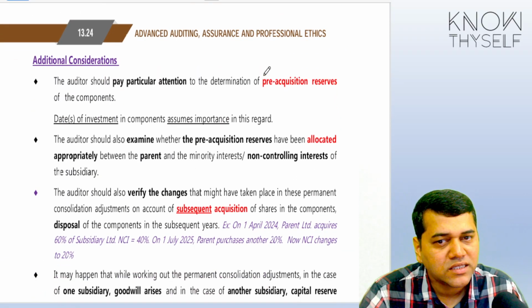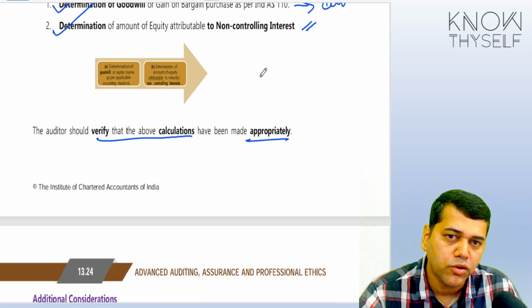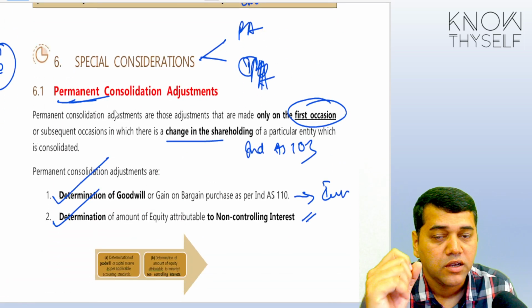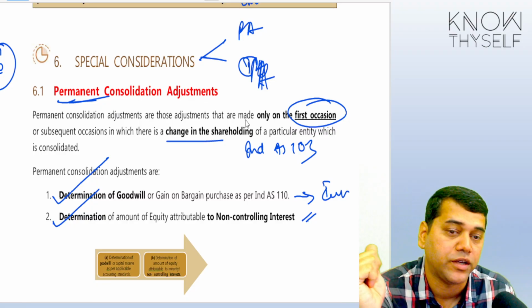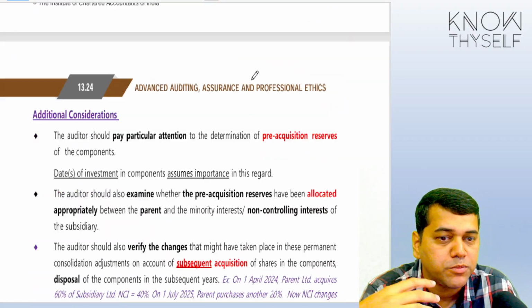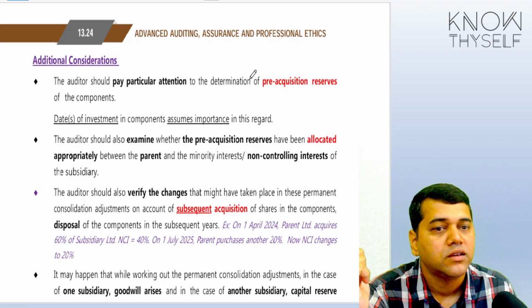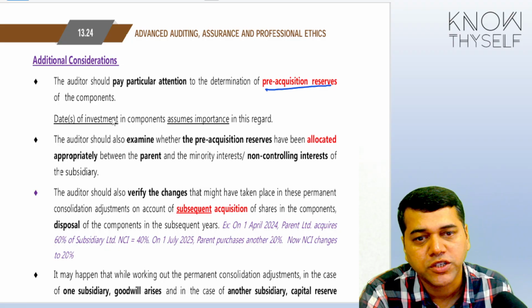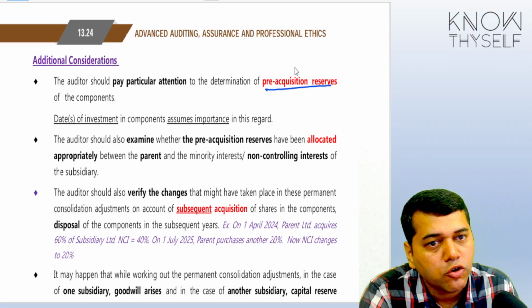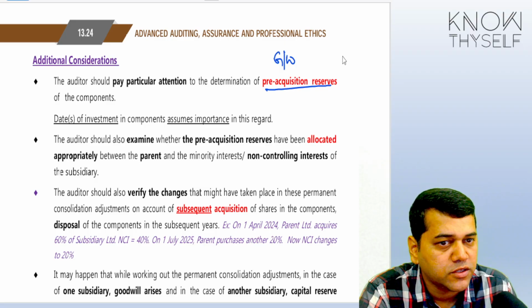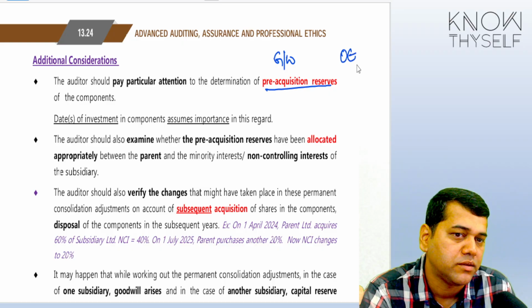Now, what are the additional considerations when you talk about permanent adjustments? A very important part is the date of acquisition, because there should be a distribution of pre-acquisition reserves and post-acquisition reserves. Pre-acquisition reserve will become part of the goodwill. Post-acquisition reserve is going to become part of your other equity.